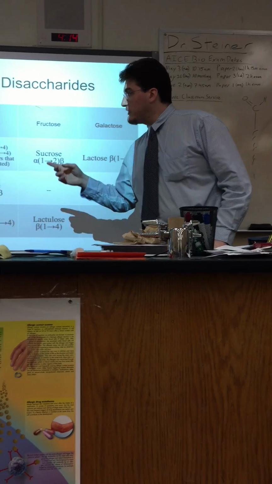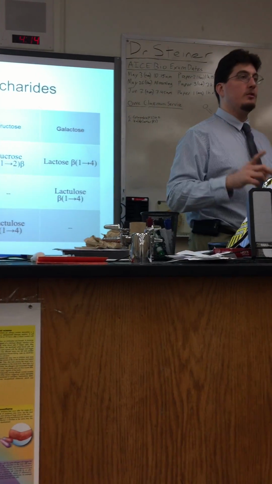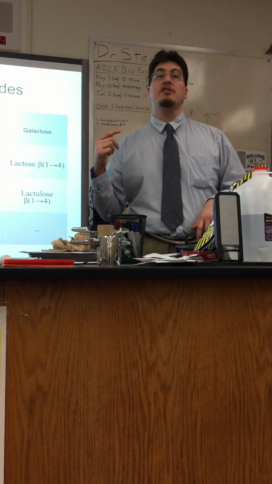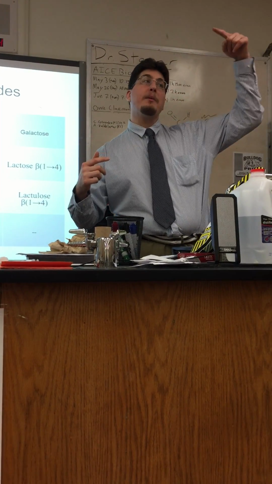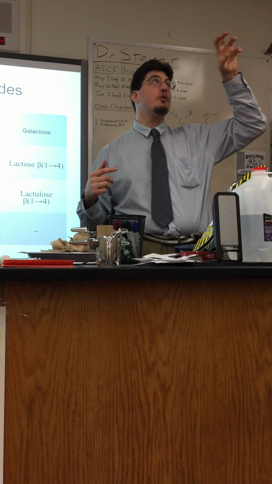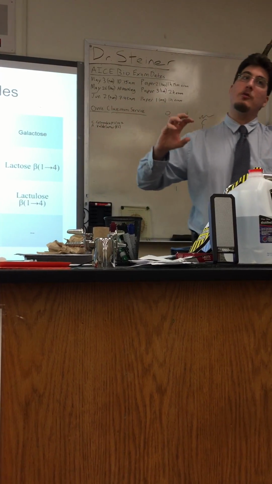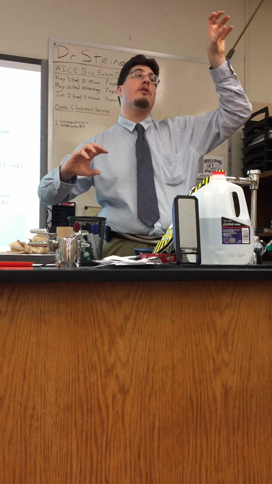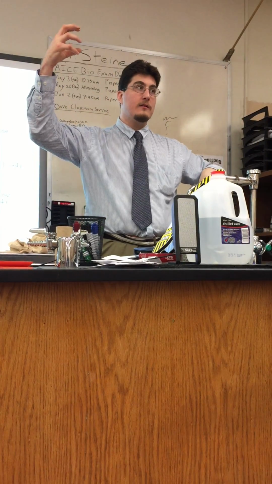In cellobiose, beta glucose, they're in a trans configuration. The hydroxyl group is on the opposite side. The hydroxyl group on 4 is up, and the hydroxyl group on 1 is down, or vice versa.